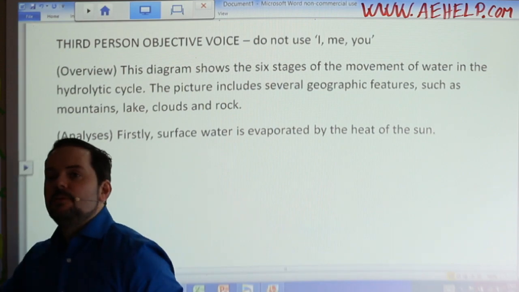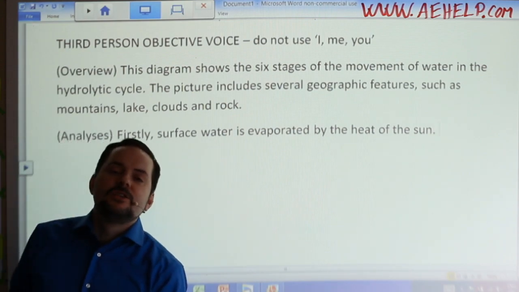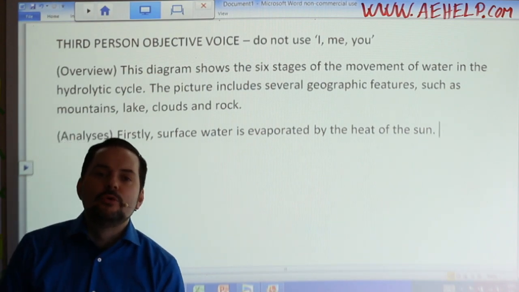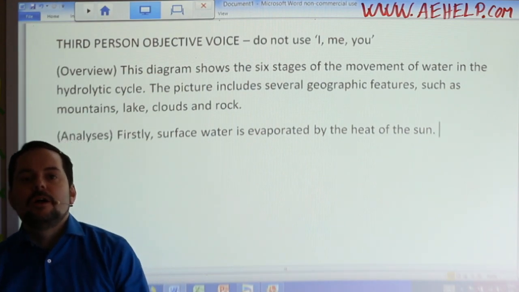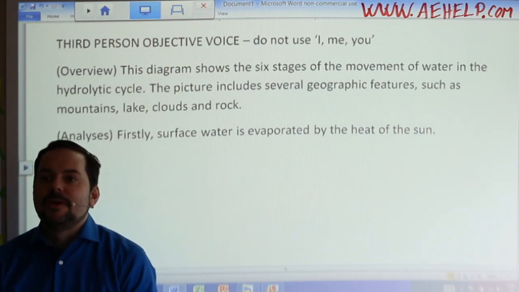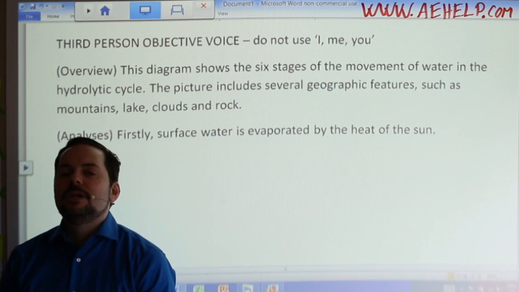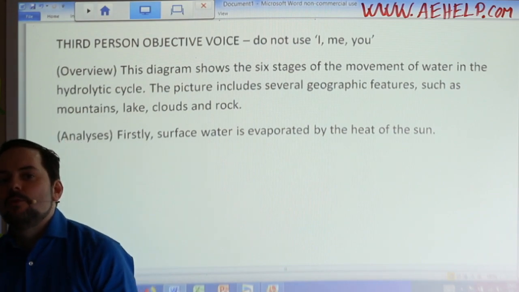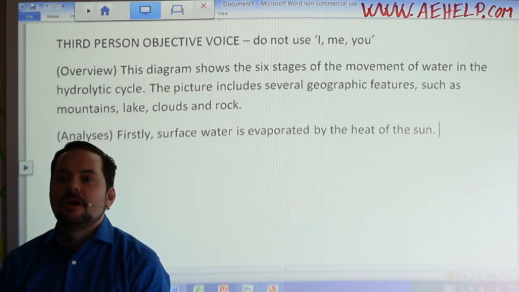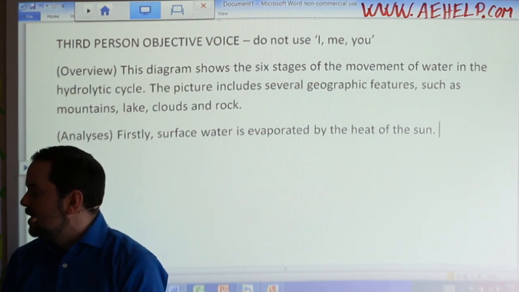In fact, guys, if you want to be very technical, it's not just the heat of the sun that evaporates water, but it's actually the photons bouncing against the water, which can create evaporation also. All right. Yeah, we can say that it creates steam, or vapor is actually a more accurate way to say it. Okay, what happens after that?